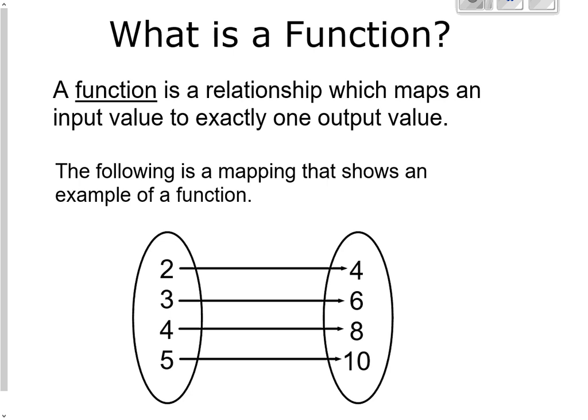If 4 is my input, I have an output of 8. And if 5 is my input, I have an output of 10. Notice each input has exactly one output. We don't have more than one arrow going from the same number. So each input gives only one output, and we would call this a function.